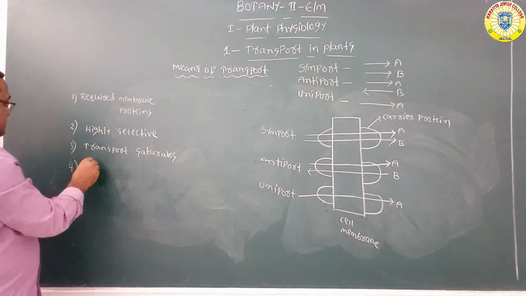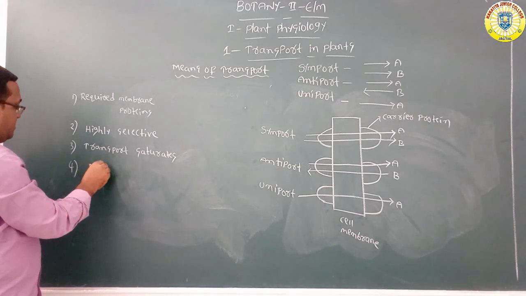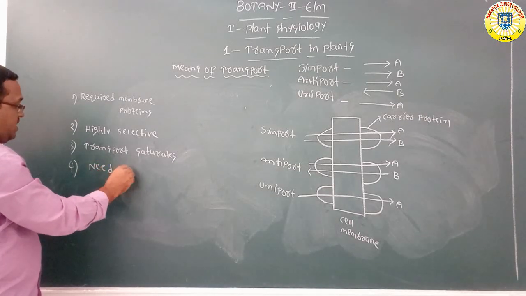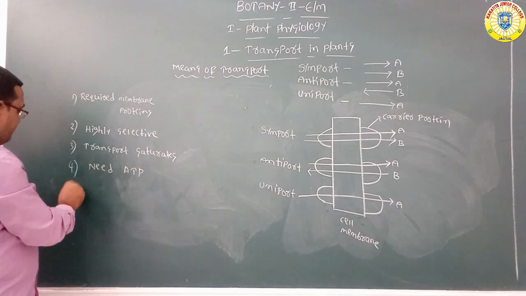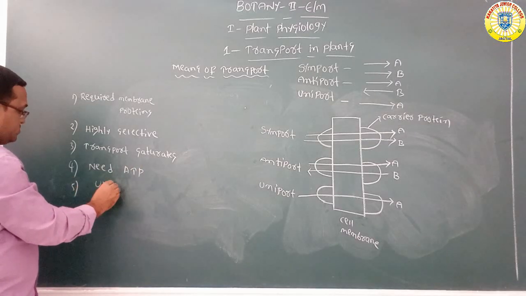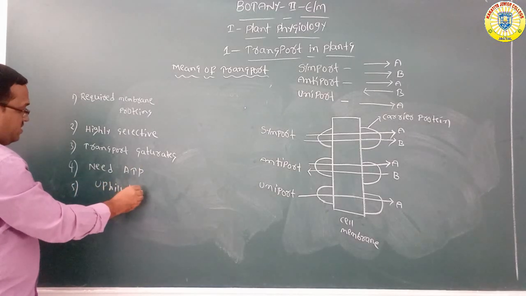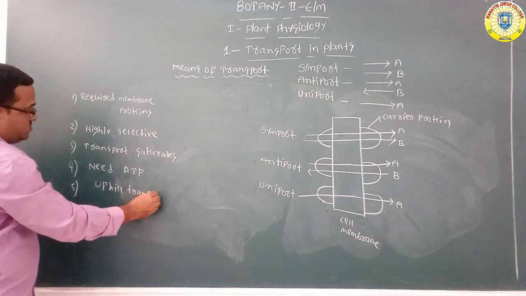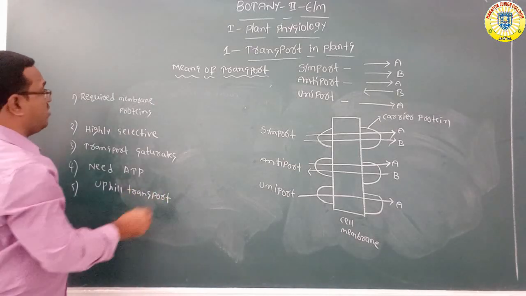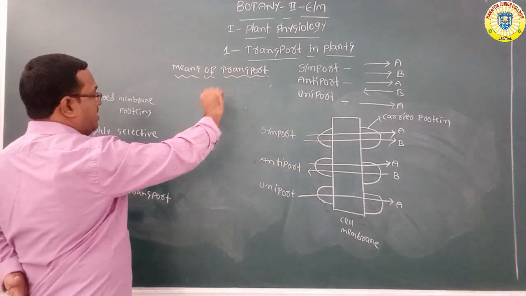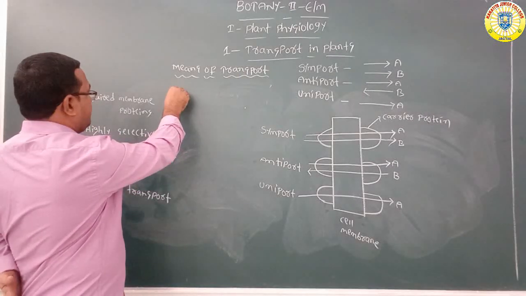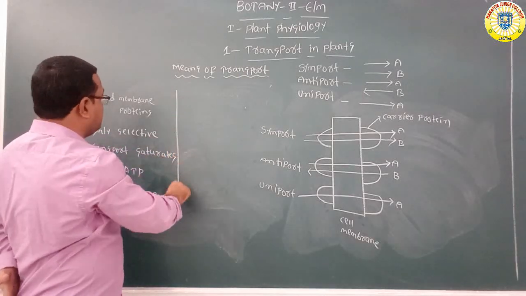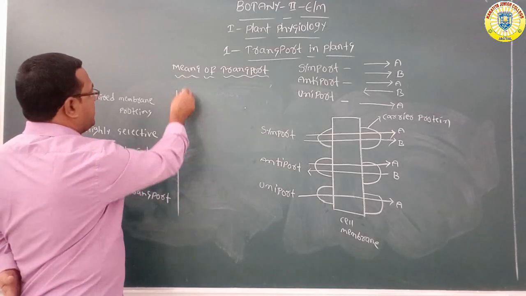Fourth character: need ATP. Fifth character: uphill transport. So these are the characters we have to check in diffusion, facilitated diffusion, and active transport.